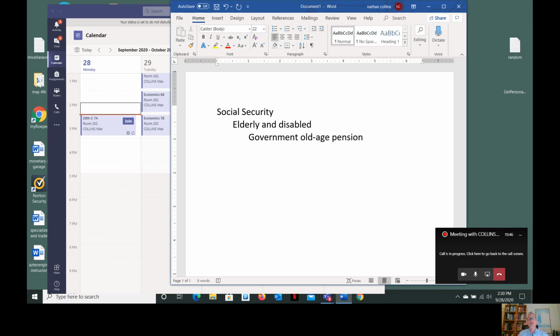And the idea here is to reduce old age poverty. Now, again, disabled people, you don't necessarily have to be old to get Social Security, but overwhelmingly, it's the elderly who receive it.